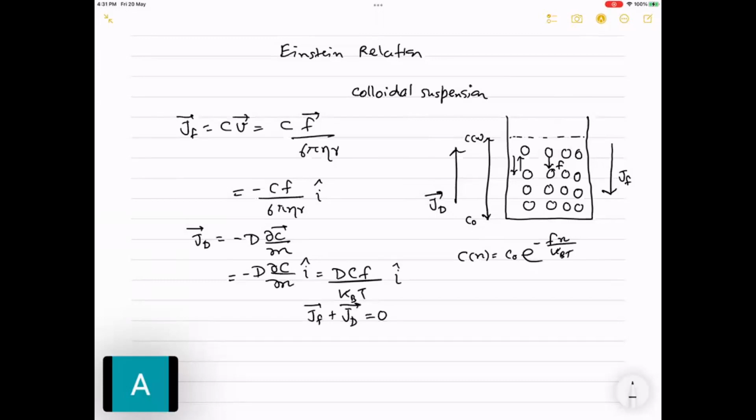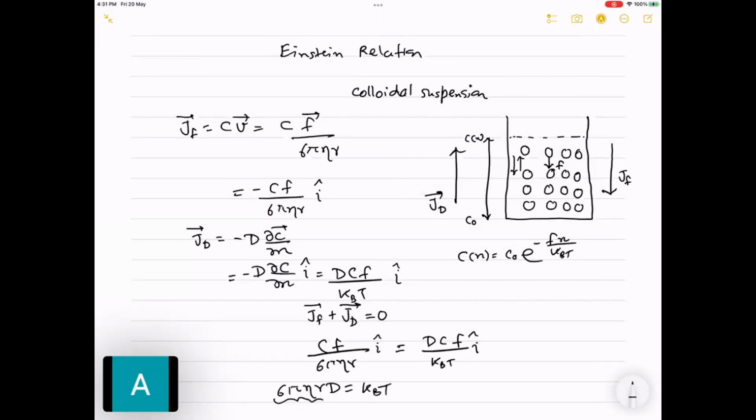If I use that, what I get is that Cf divided by 6 pi eta R into I is equal to dCf divided by kBT into I, or what I get is 6 pi eta R D is equal to kBT.